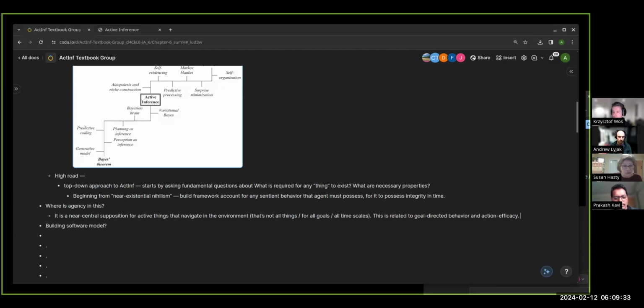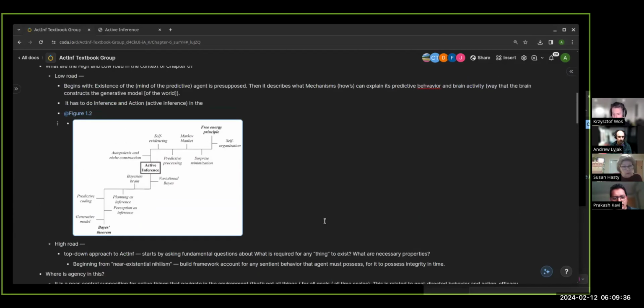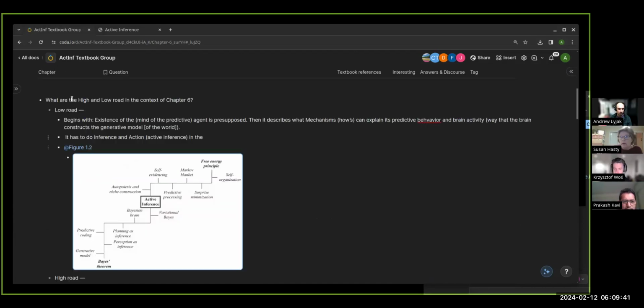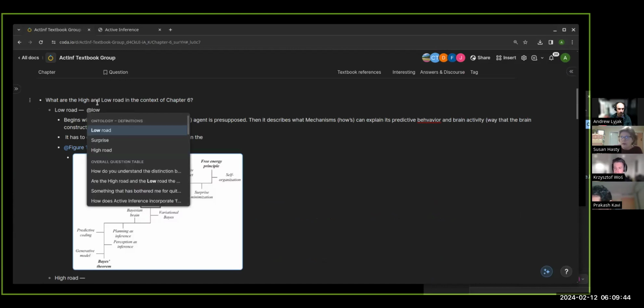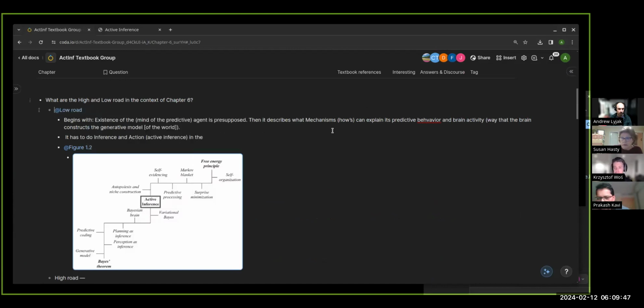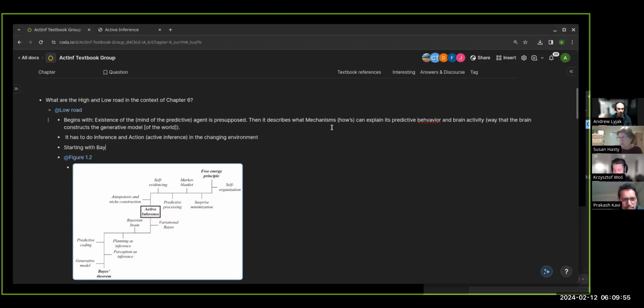Yeah, I just want to say that for me, the enlightening perspective on the low road is to simply derive an equation that features a free energy essentially from Bayes' rule. So you can take Bayes' rule and write it in such a way that you substitute another distribution for the posterior distribution, which is not generally known, with an approximate posterior, and say, okay, since I cannot know the true posterior, I'm going to approximate the true posterior with an approximate posterior using some kind of variational methods.